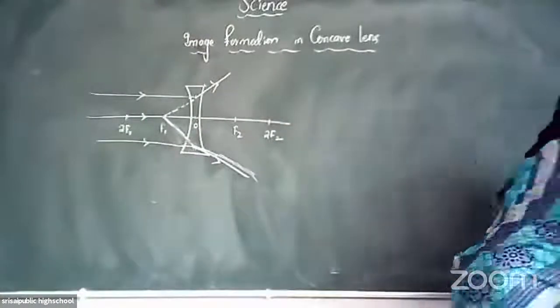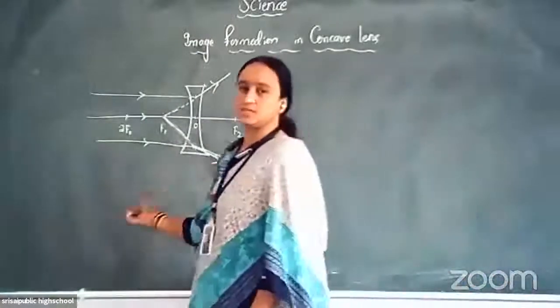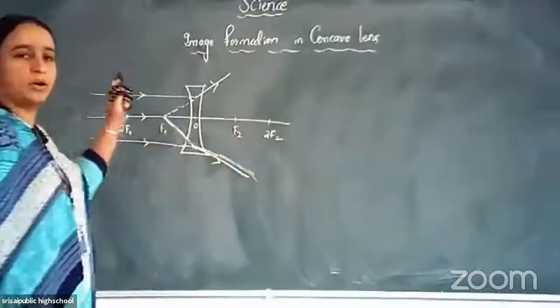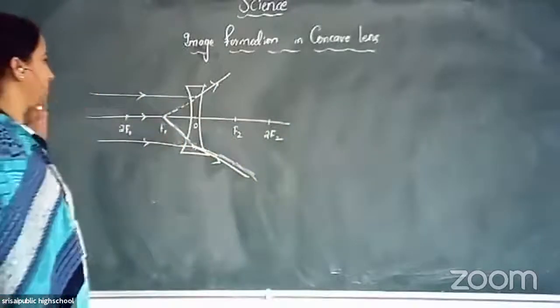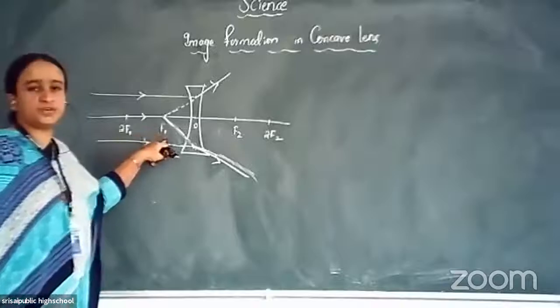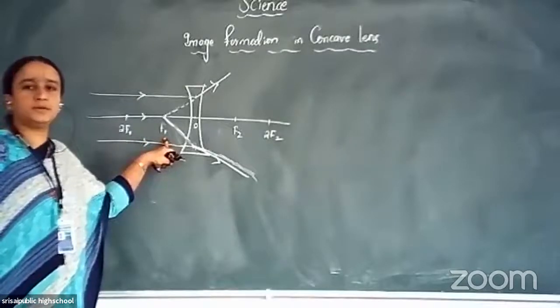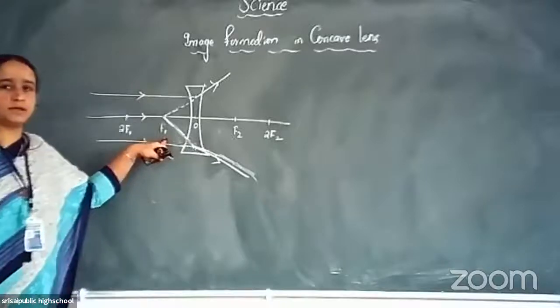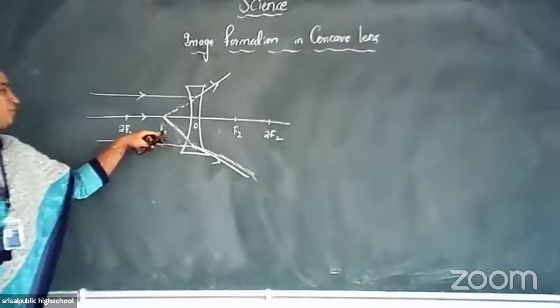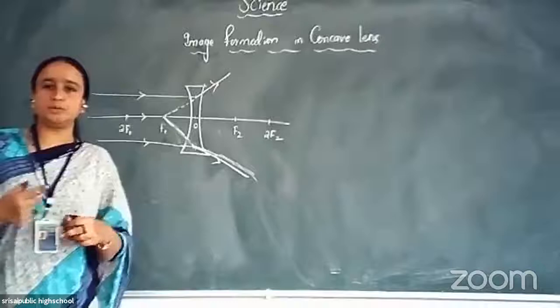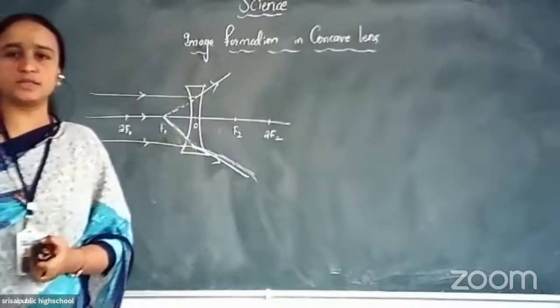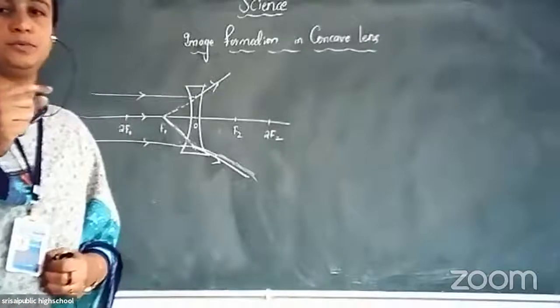So, observe the tabular column. Now, in both the cases, we were discussing the first case. In the first case, the object was at infinity. As the object was at infinity, where have you got the image? Your image is at the principal focus. And what is the size of the image? It is very small, that is, highly diminished.